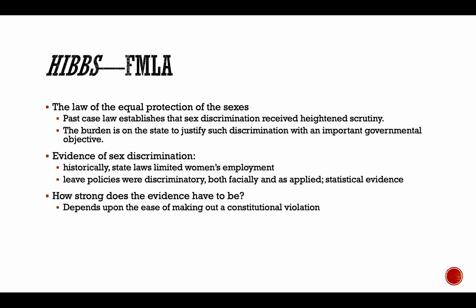Essentially what the court says is the strength of the evidence is going to depend upon the ease of making out a constitutional violation, because we're looking at sex discrimination, which is in a higher tier than disability discrimination. It's going to be easier to make out the claim of constitutional violation there. Therefore, less evidence is going to be needed when what's at stake is the protection of suspect or semi-suspect categories.